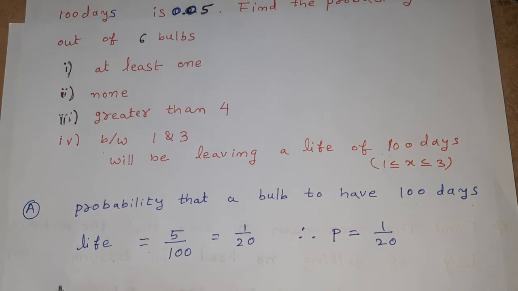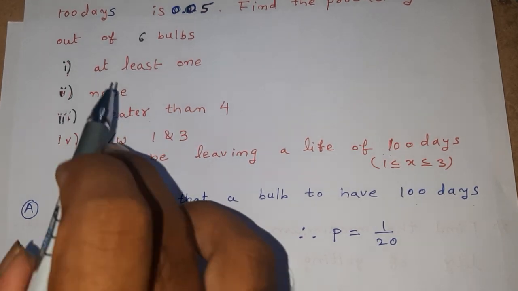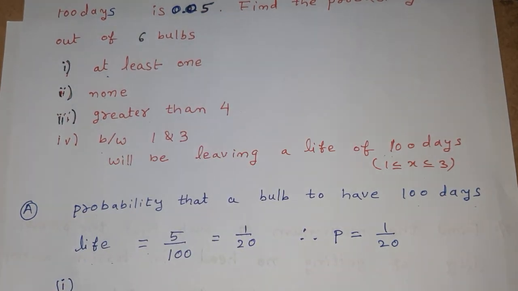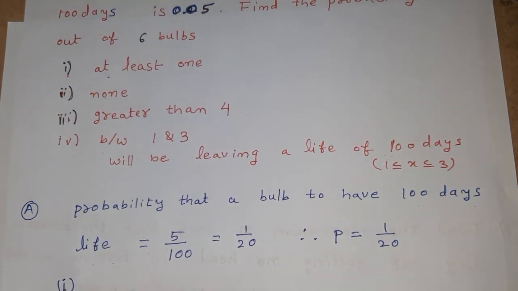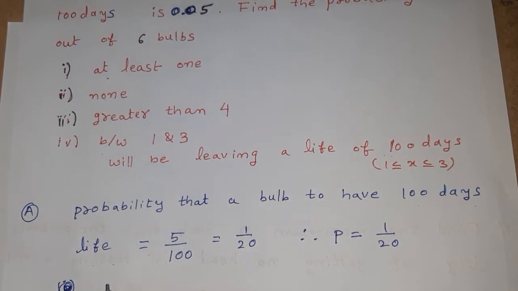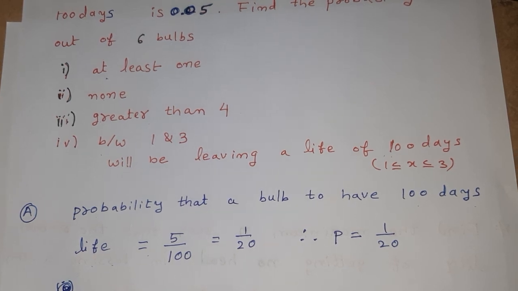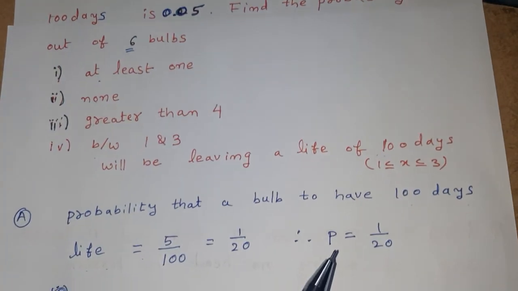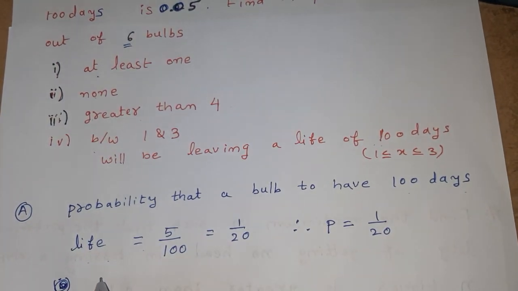Now let us do the first one, at least one. First of all, let us recall the binomial distribution. Here n is 6, there are 6 bulbs, therefore n is equal to 6.